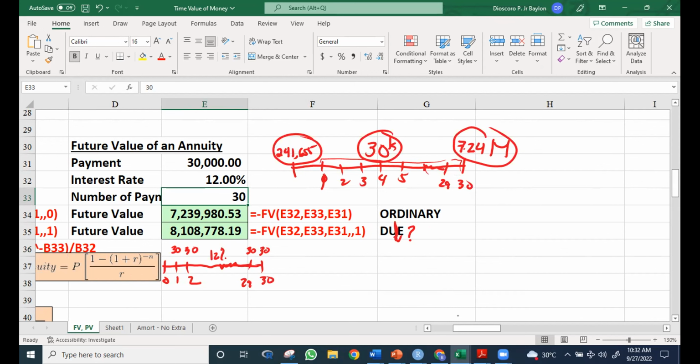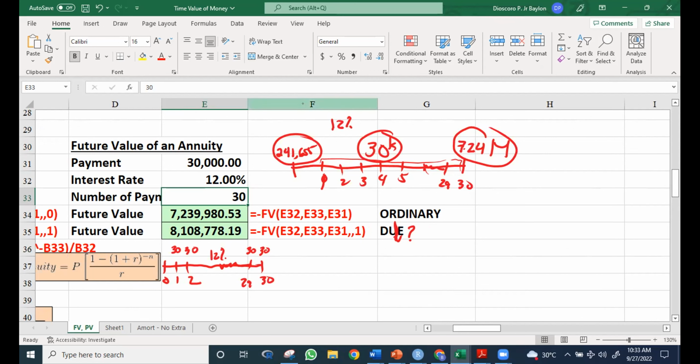Assuming that nothing extraordinary will happen with this cash flow, the rate is 12%, 30 years. The implication is that we are indifferent to whichever cash flow we choose.